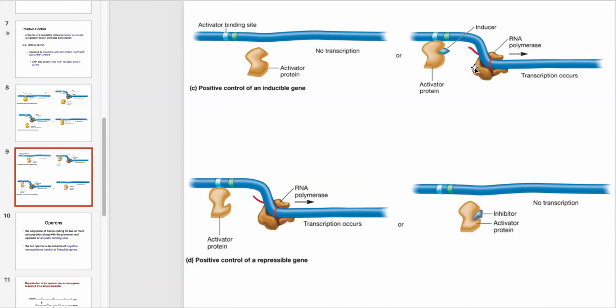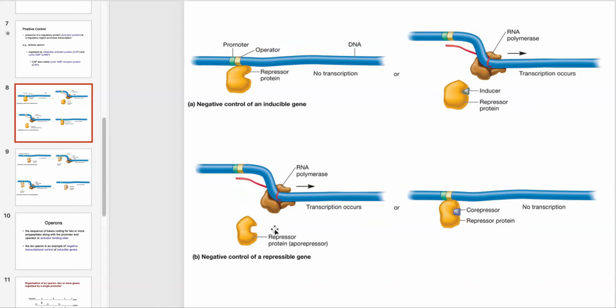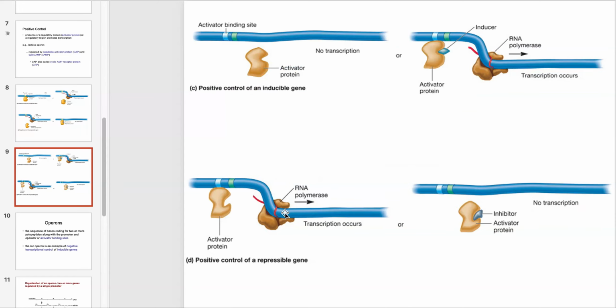So more specifically, allow RNA polymerase to see the -35 and -10 regions that I talked about, and then facilitate transcription. Here's positive control of a repressible gene. And you can put these together, side by side with this, for example. So you can see these competing processes.